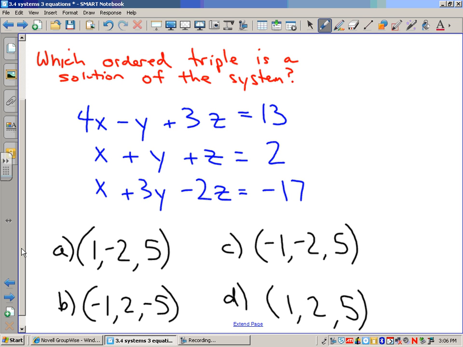Now I'm not doing this, I'm just showing you for you to check this. You would try A, try B, try C, try D. I don't know which the answer is, but you could check to see which of those points worked in all 3 equations.